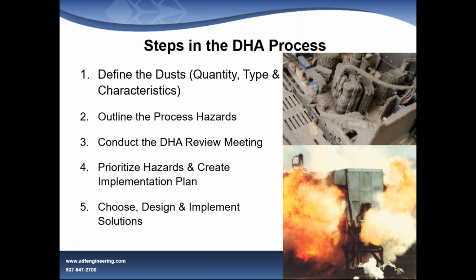Now this is a meeting on site where you have a number of people involved who review item by item, step by step, the hazards throughout the facility, much as you would do with a PHA. You need to prioritize those hazards, create an implementation plan. And it's that implementation plan that you need to have in place by 2020. That's the actual requirement. Finally, you need to design and implement those solutions according to the implementation plan that you developed yourself.